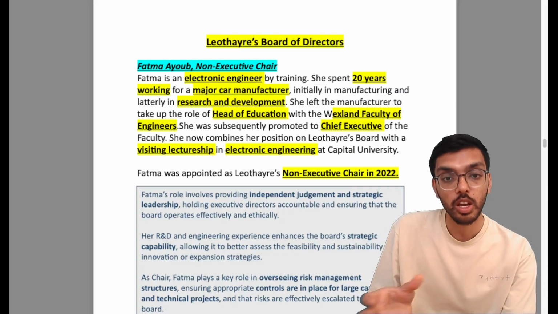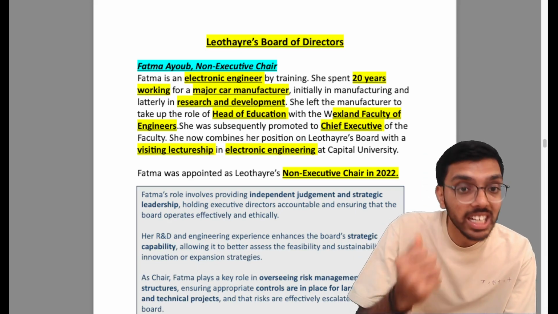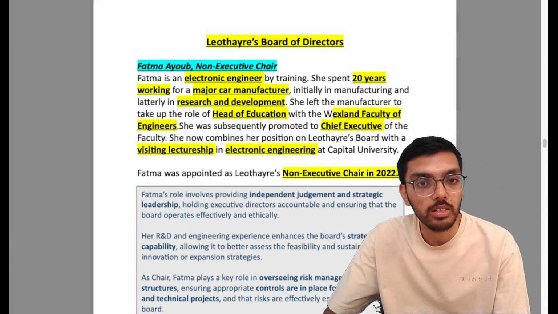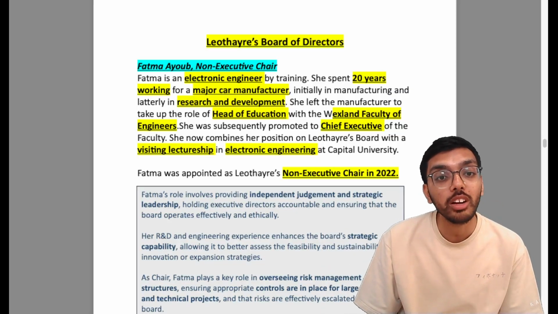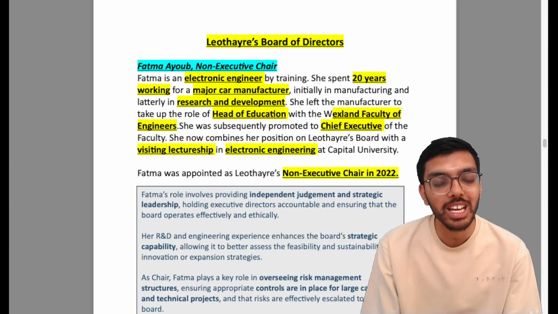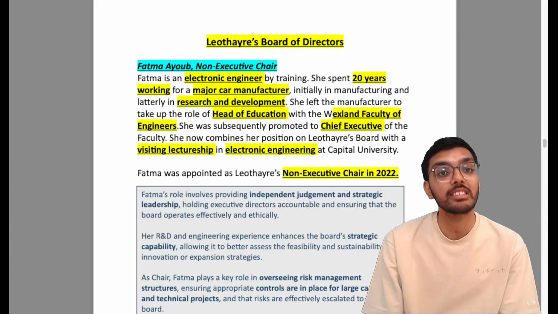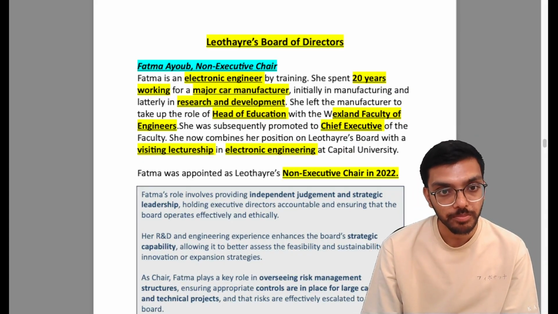Anything like this where you are using a director's competency, where you are using a director's name within your answer, again further showcases to the examiner that you know your company. And knowing the company is very important, but how you actually portray it to the examiner, include it in your answer, is also a very vital aspect.